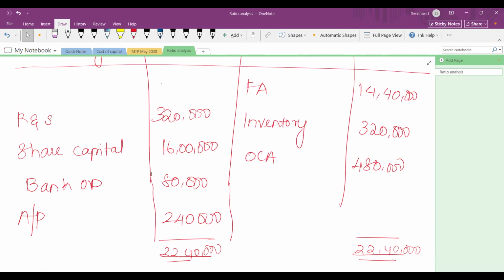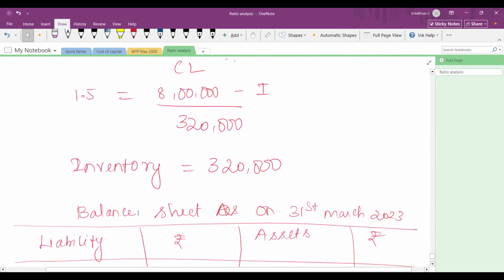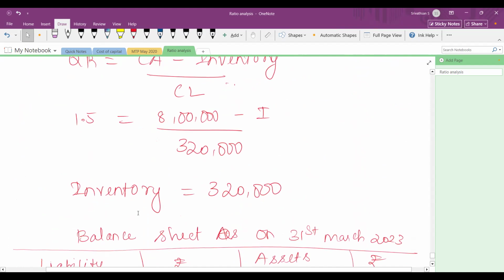Okay, correct. Fine. Equity. You are subtracting only current liability. Correct, correct. Debt, correct.